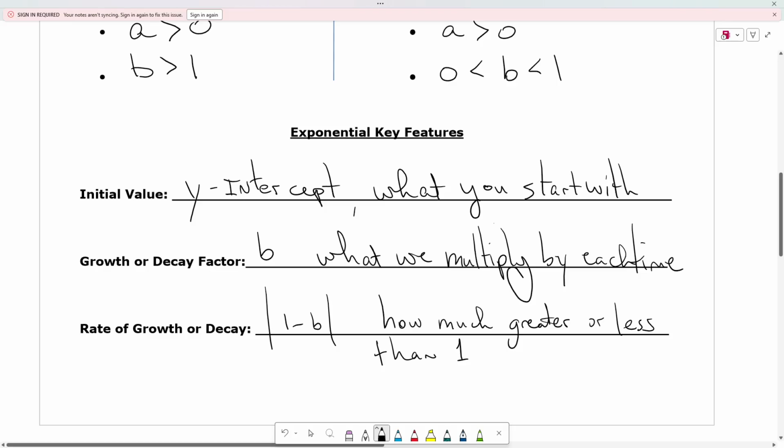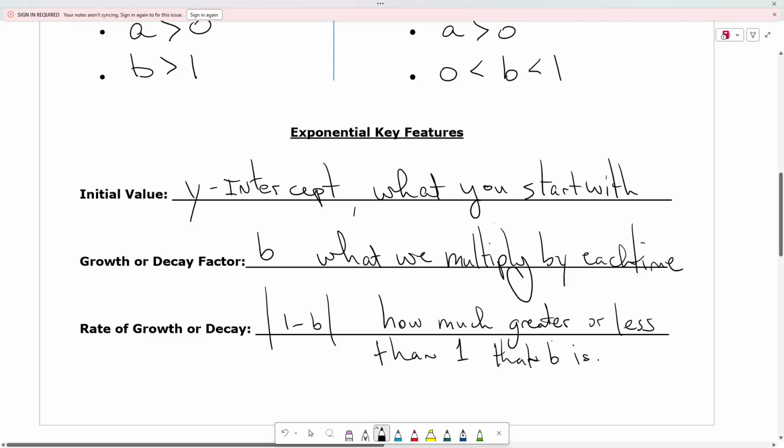So how much is it actually growing? Our rate of growth.